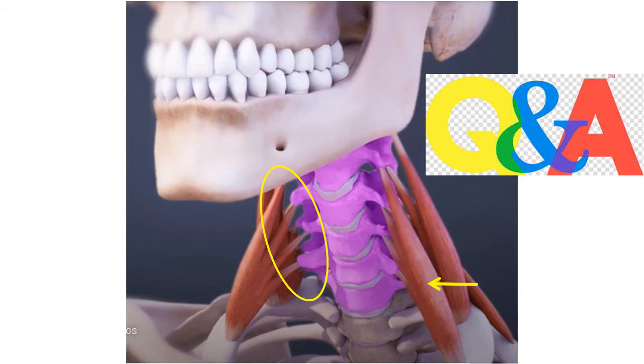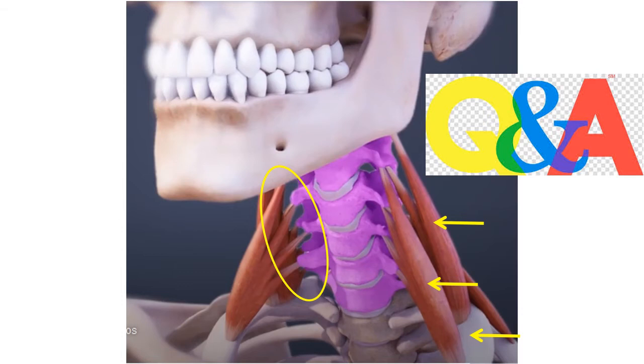Then this is going to form scalenus anterior, and it is going to be attached lower down on the first rib that has special tubercle for this muscle called scalene tubercle.